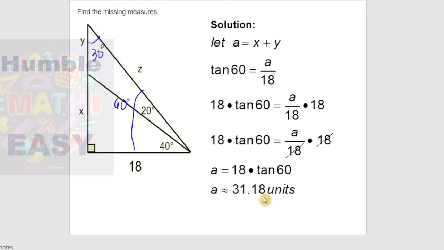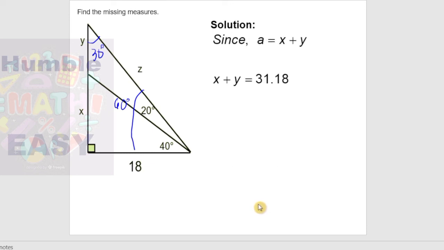So a is equal to approximately 31.18 units. Since a is equal to x plus y, therefore x plus y is equal to 31.18, based on the given that the value of a is approximately 31.18.